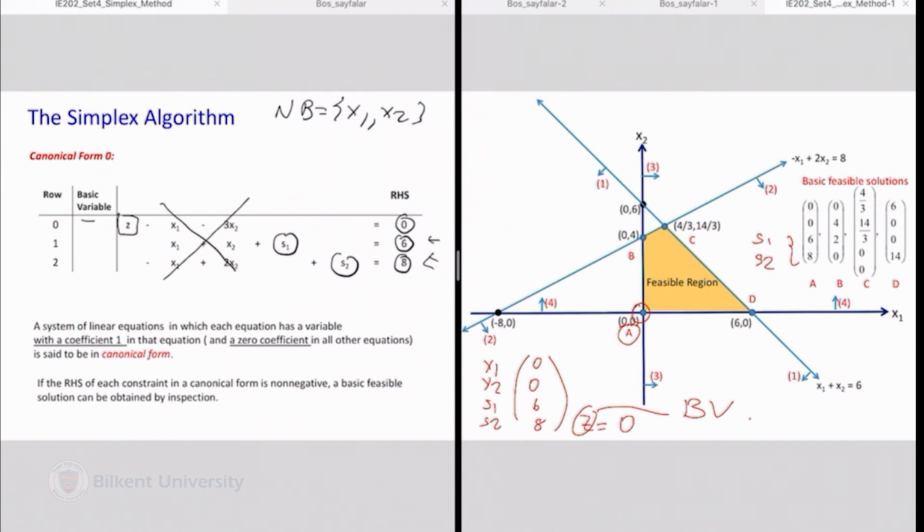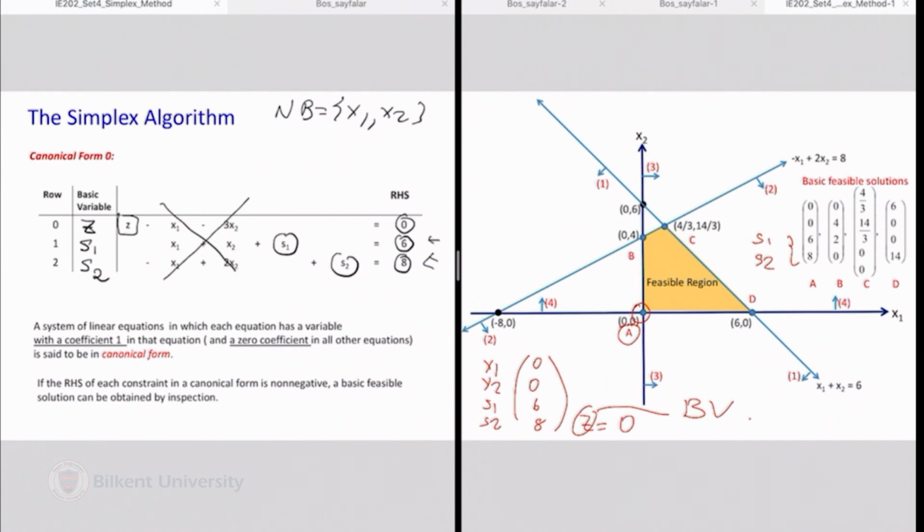Now, what have you noticed about the basic variables? They only appear in their respective rows and nowhere else. So if I look under z, s1 and s2, I notice the columns of the identity matrix, right?